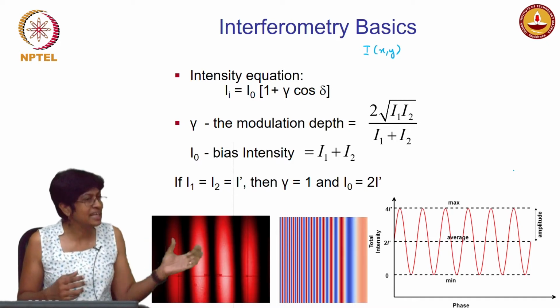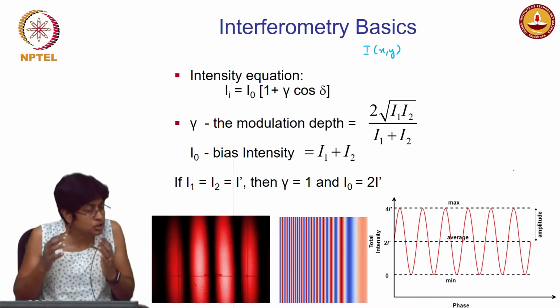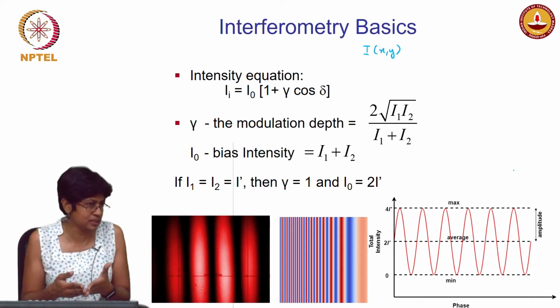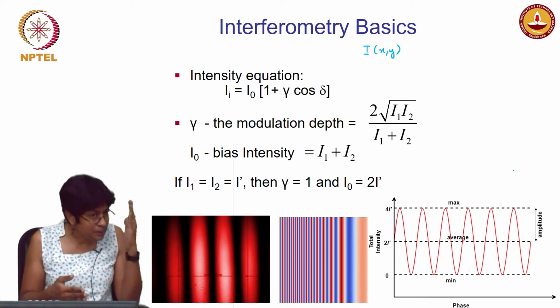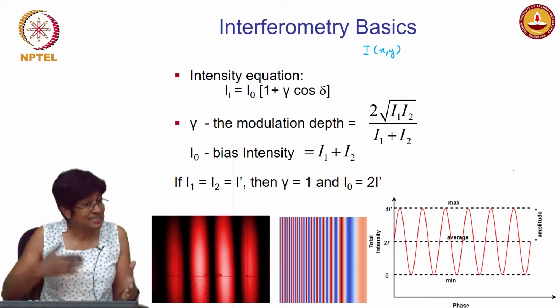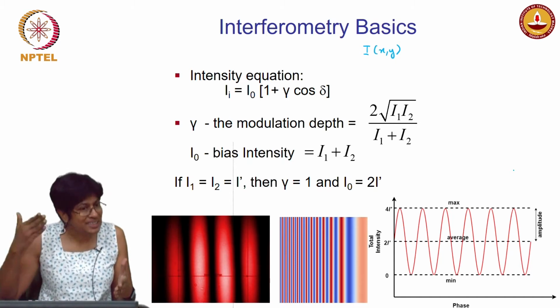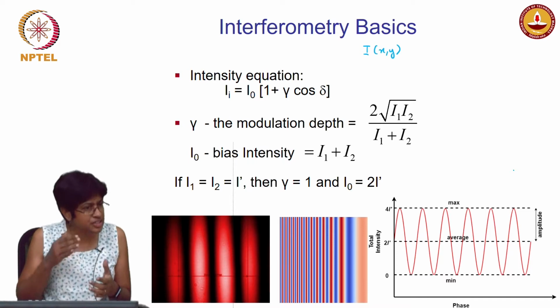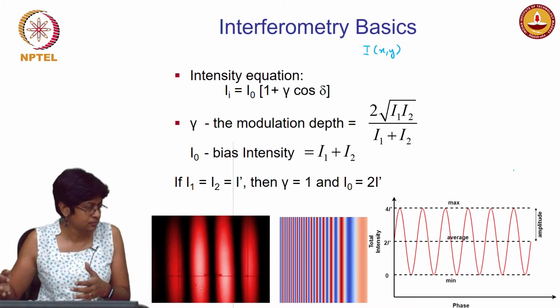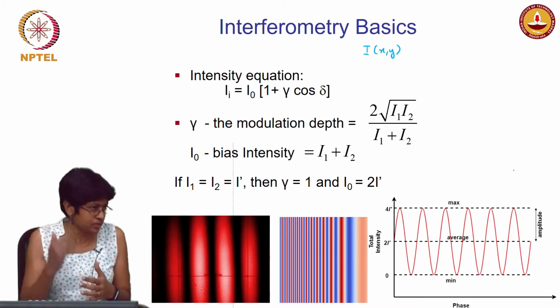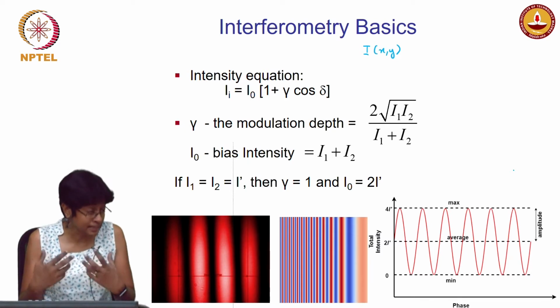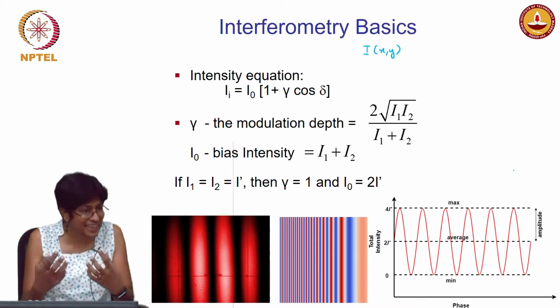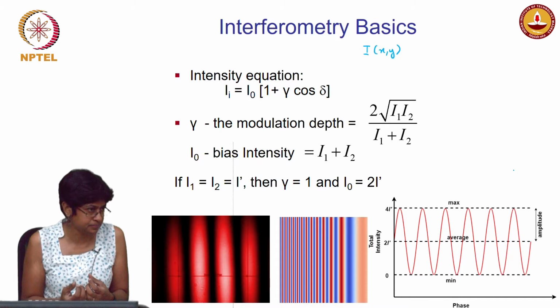So, I am putting in an extra beam there just so that I can have that interference happen. One beam is the reference, the second beam is the beam that carries the information I am interested in. So, that beam is either travelling through a sample or getting reflected off a sample. That is the way by which I get that information off the sample.